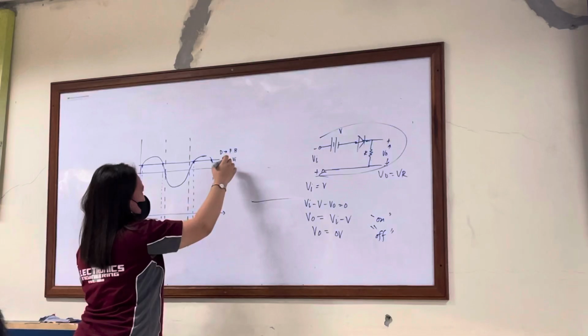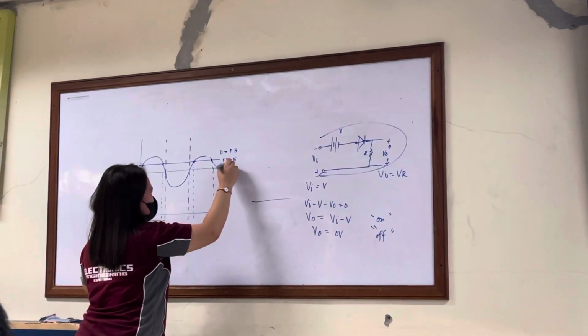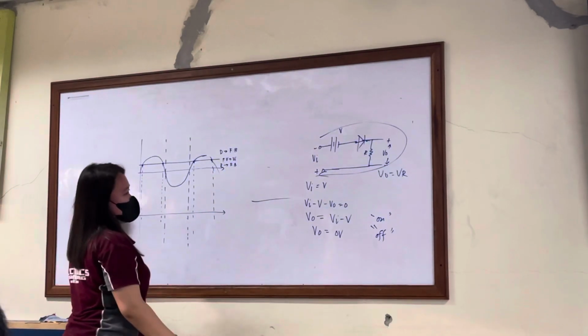Below our transition voltage, our diode is in reverse bias condition.